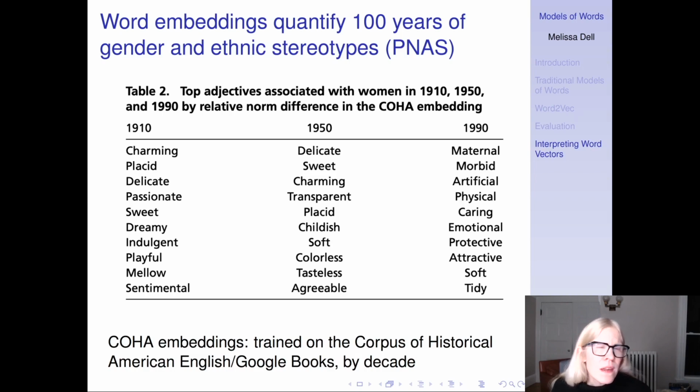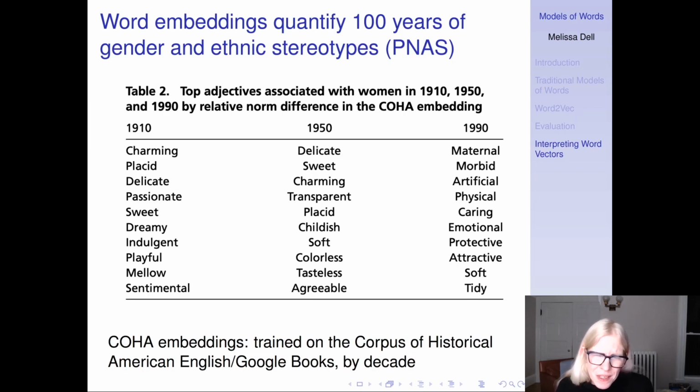And then they look at it by decade. So, the top adjectives associated with woman in 1910, 1950, and 1990, by the relative difference between the embeddings of those words, again trained on this historical corpus of public domain books by decade.